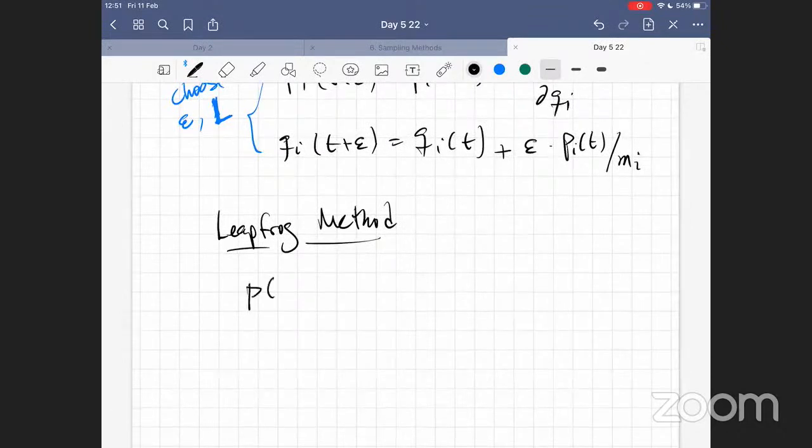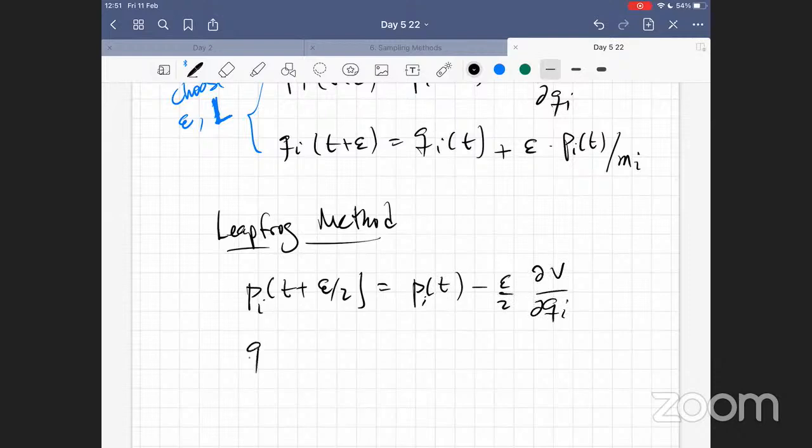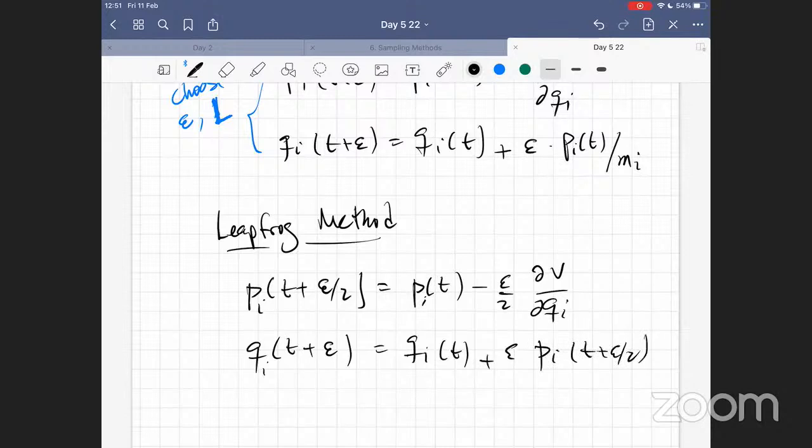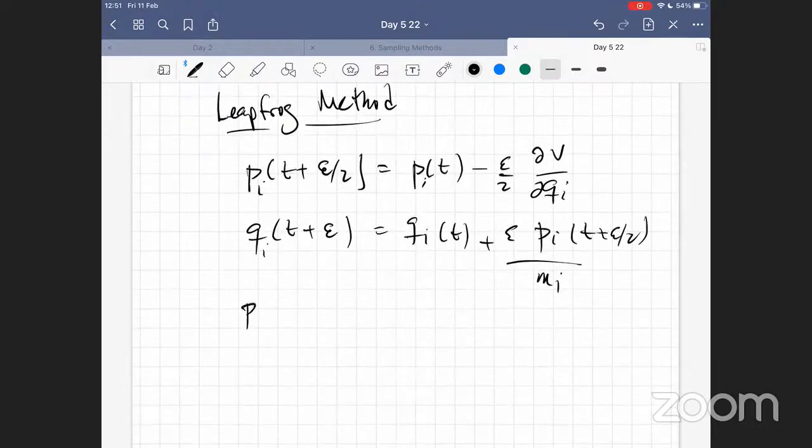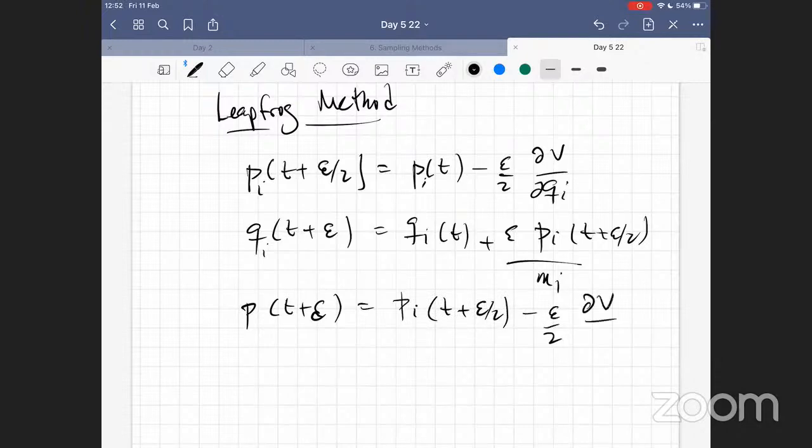The refinement goes in the direction of first taking half a step for the momenta, p_i minus epsilon over 2 dV/dq_i, then a full step of the positions, q_i(t) plus epsilon p_i(t + epsilon/2) over m_i, and then a second half shift on the momenta. And this is a whole discussion on why this has good properties. I will show you just an example on that.